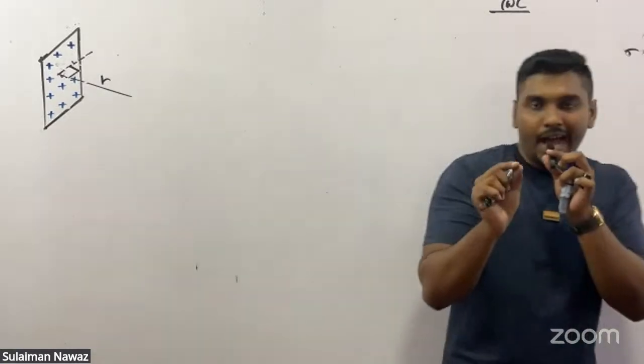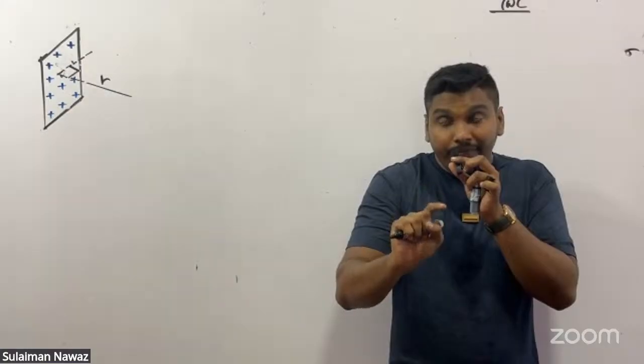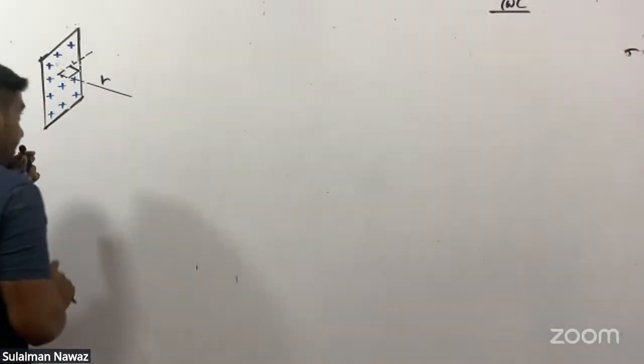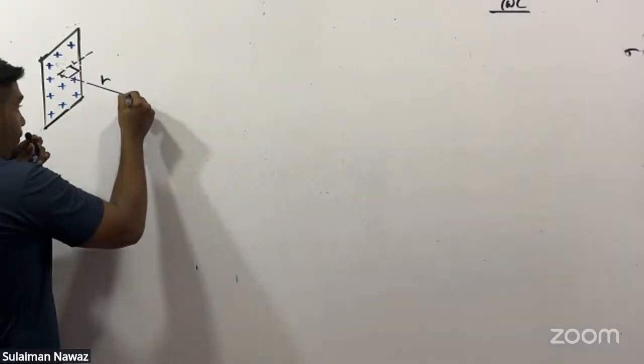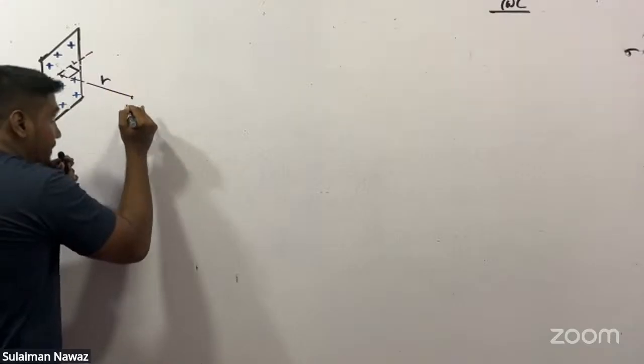That's a point. In that case, how am I going to find the intensity at this point? I name this point as point capital E. My target is finding the electric field intensity at point capital E.